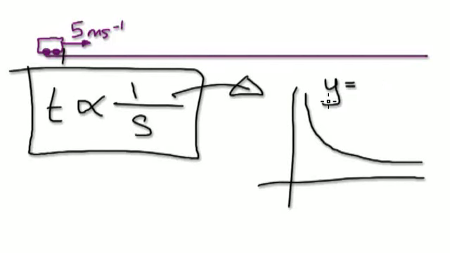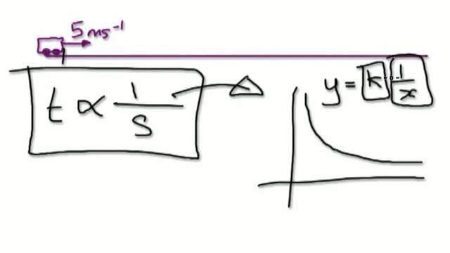This graph is actually y equals k times 1 over x. You can imagine it: it's this thing here times this thing here, and when you times a fraction, it gets multiplied to the top. So you can imagine it as y equals k over x.